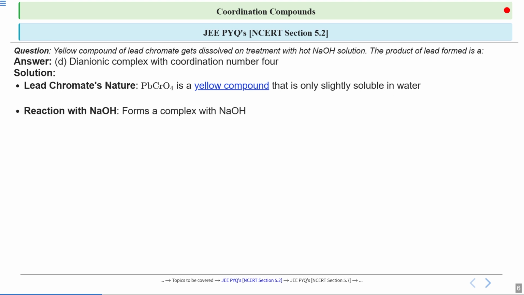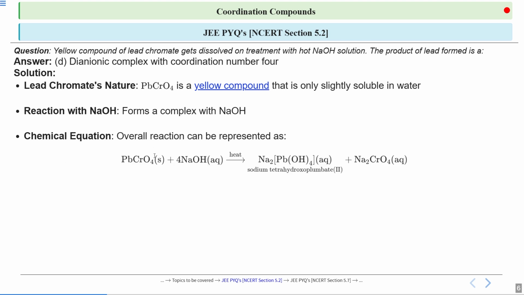When it reacts with sodium hydroxide, it forms a complex. Chemical equation: the overall reaction can be represented as lead chromate PbCrO4 plus 4 NaOH, that is 4 molecules of sodium hydroxide.